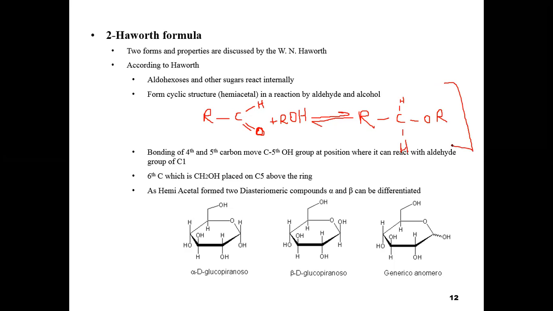According to the Haworth formula, bonding of the fourth and the fifth carbon moves the fifth carbon group to a position where it can react with the aldehyde group of carbon number one.